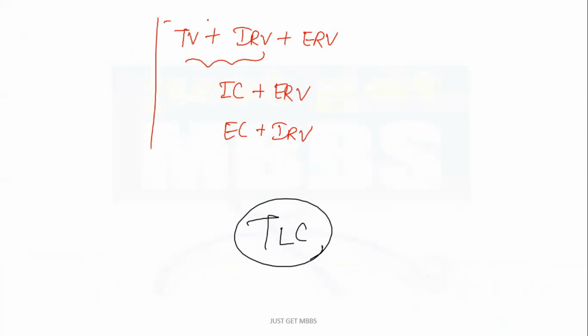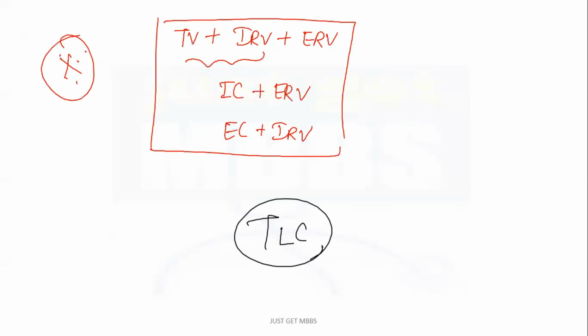This is a very important question. In your NEET exams, they are giving these formulas and asking you to calculate the vital capacity. Sometimes there are clinical case questions. How I have derived: we all know TV plus IRV is IC, TV plus ERV is EC. So I have done it like this. These two put together, we get EC, right?